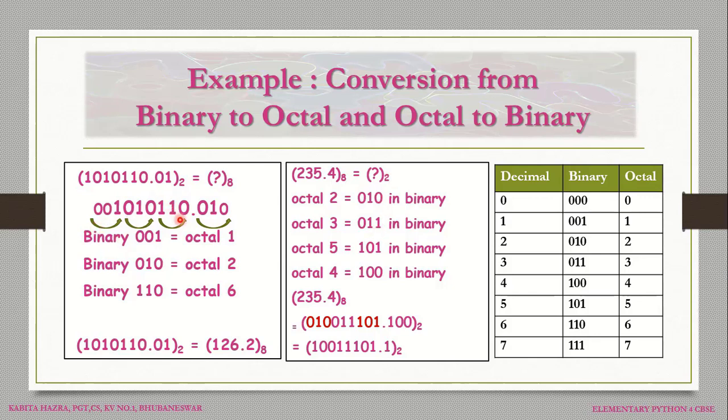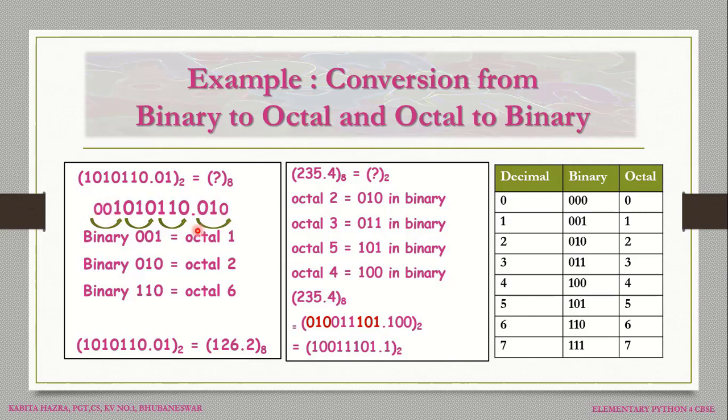As we have discussed, we will frame groups of 3 bits starting from the decimal point towards the left and towards the right. So as we move towards the left, we frame groups of 3 bits, and for the last one we have a shortage of 2 zeros, so we add 2 zeros to the left.